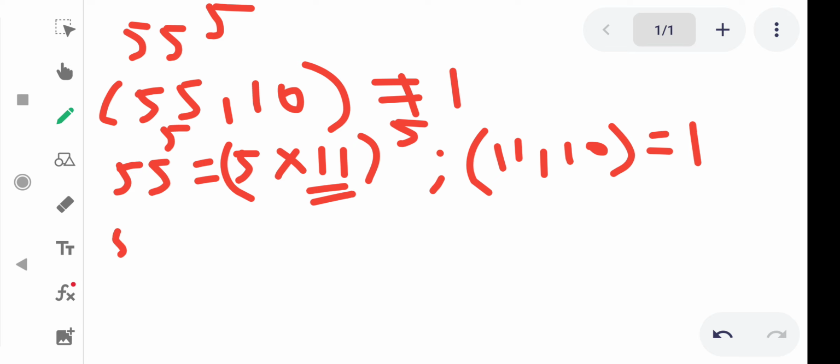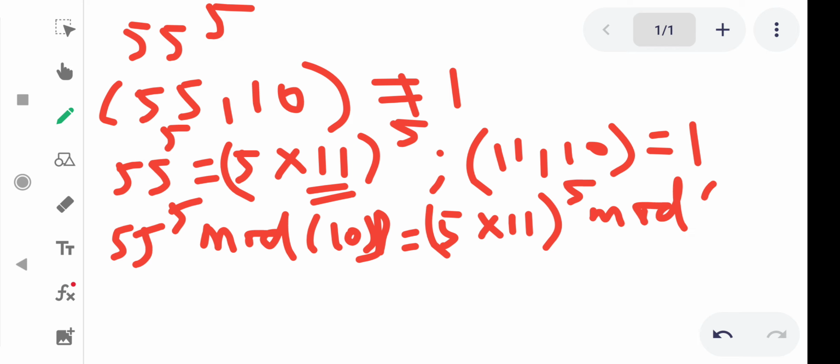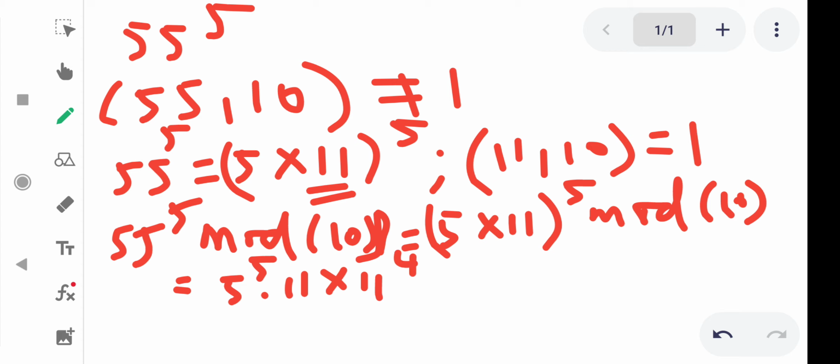So 55 power 5 mod 10 can be expressed as 5 into 11 to the power 5 mod 10, which is equal to 5 power 5 into 11 power 5. The 11 power 5 is expressed as 11 into 11 power 4 mod 10.